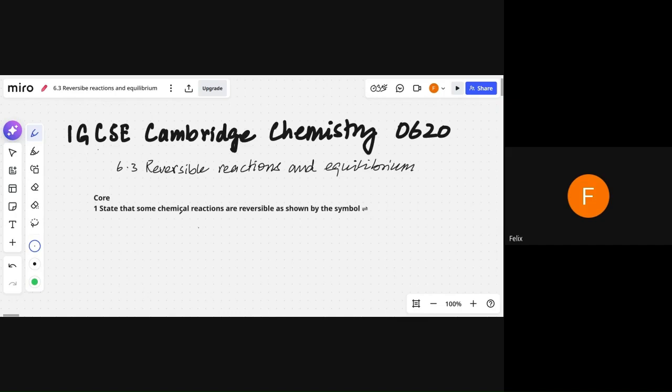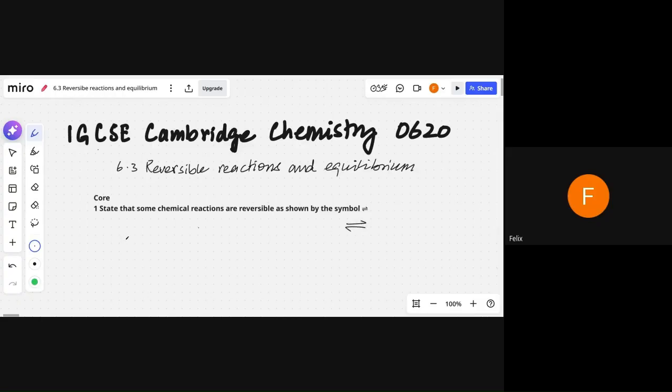So in this one, this is 6.3 reversible reactions and equilibrium, and it says: state that some chemical reactions are reversible as shown by the symbol. This is the symbol, right? So now, what is a reversible reaction?